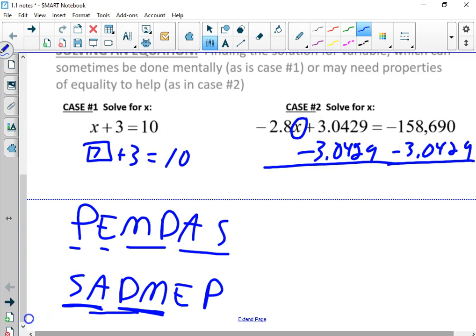So we put in negative 158,690, and then we're going to subtract 3.0429. And we're going to end up with negative 2.8x equals negative 158,693.0429.